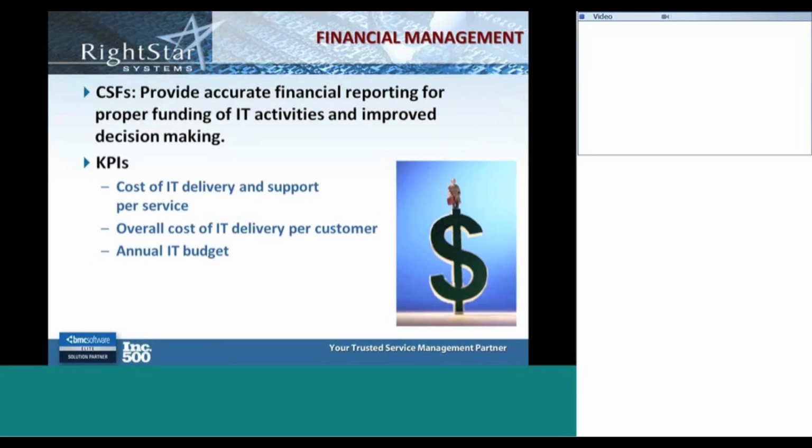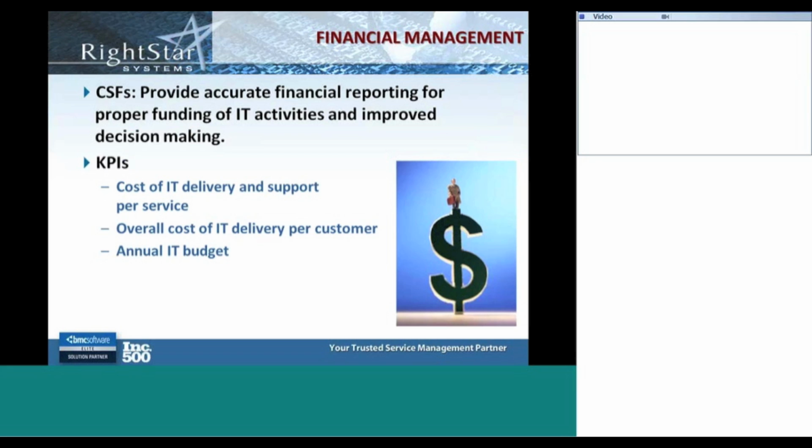To give you some examples of KPIs according to the various processes. So we talked in service strategy about financial management. In financial management, we may say that our CSF is to provide accurate financial reporting so that we can make sure that our IT activities are going to be properly funded.